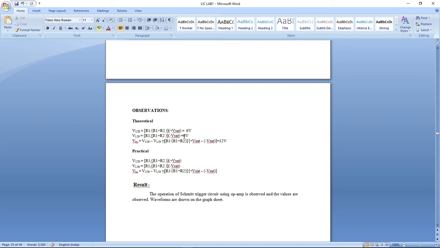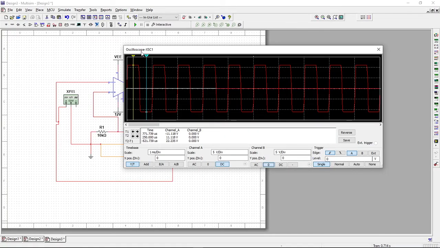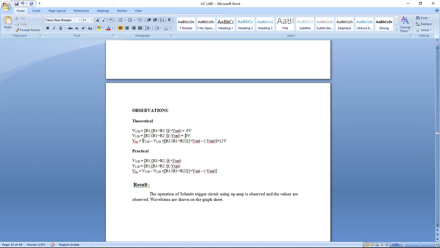So first we have to find plus VSAT and minus VSAT. As seen in the Multisim run, minus VSAT is minus 11 volts and plus VSAT is plus 11 volts. In the theoretical calculation, we consider plus VSAT as 12 volts and minus VSAT as minus 12 volts.